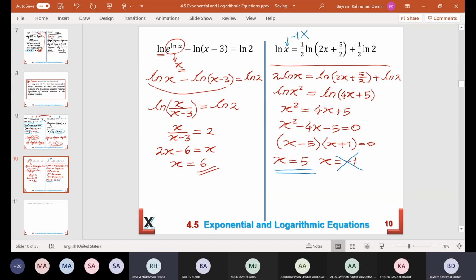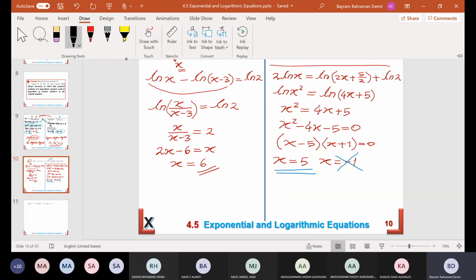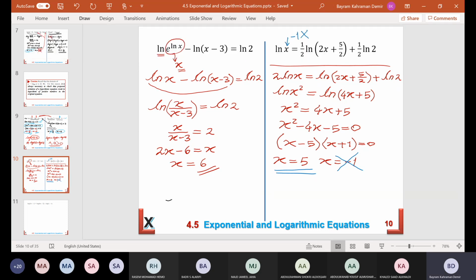No, we are just using this form, Shabab: e to the ln of whatever is equal to that whatever. This is the property we are using.